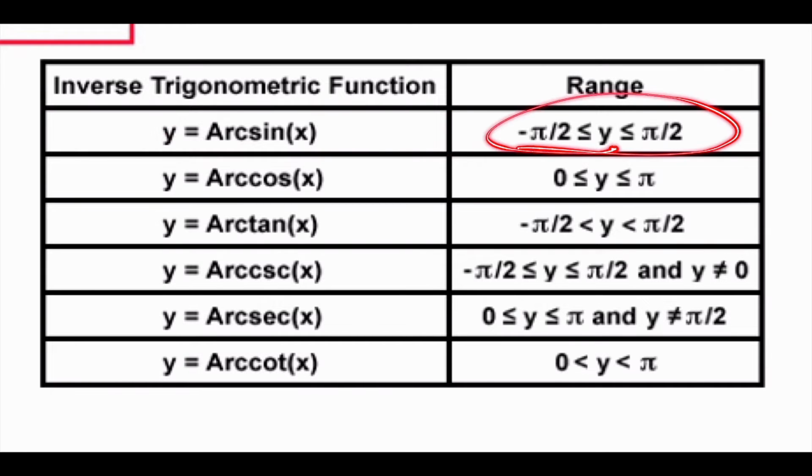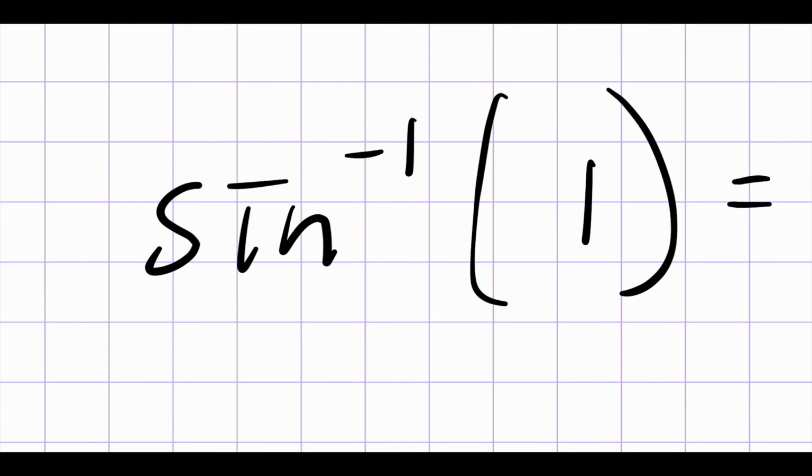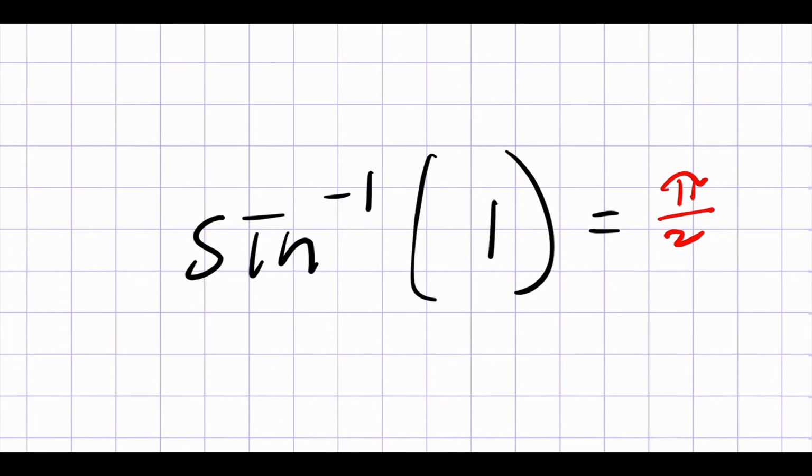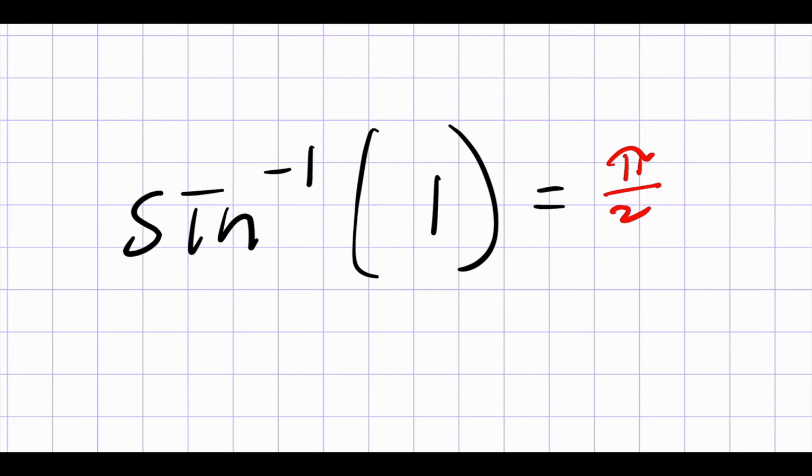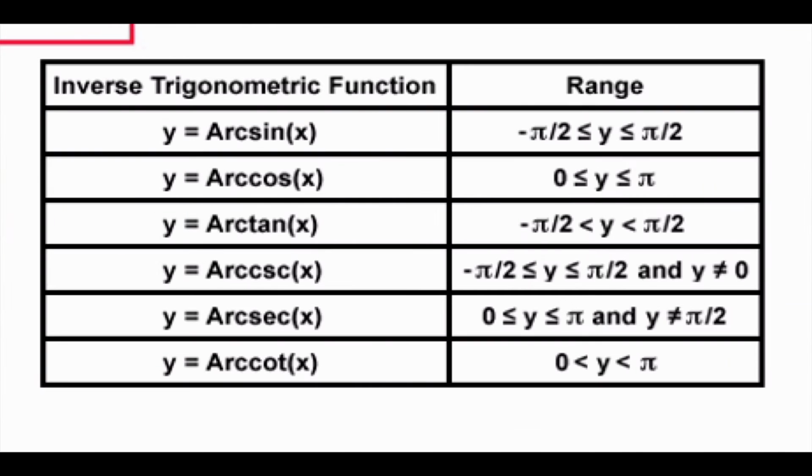So we only want from here to here. That's the only spot we want. So for sine, we only want our answers to be from negative pi over 2 to positive pi over 2. So those other bigger answers we don't want. So that's why it's just pi over 2. Okay? That's what inverse sine does.